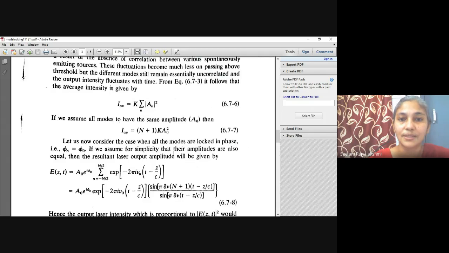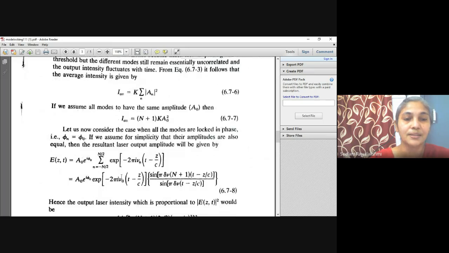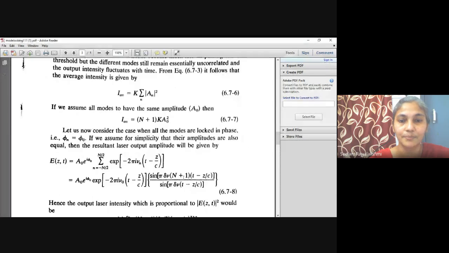So the resultant laser output amplitude will be given by E of z,t equals a naught e power i phi naught sigma n equals minus n by 2 to n by 2 exponential minus 2 pi i nu n (t minus z by c), which equals a naught e power i phi naught exponential minus 2 pi i nu naught (t minus z by c) into sine pi delta nu (n plus 1)(t minus z by c) by sine pi delta nu (t minus z by c).